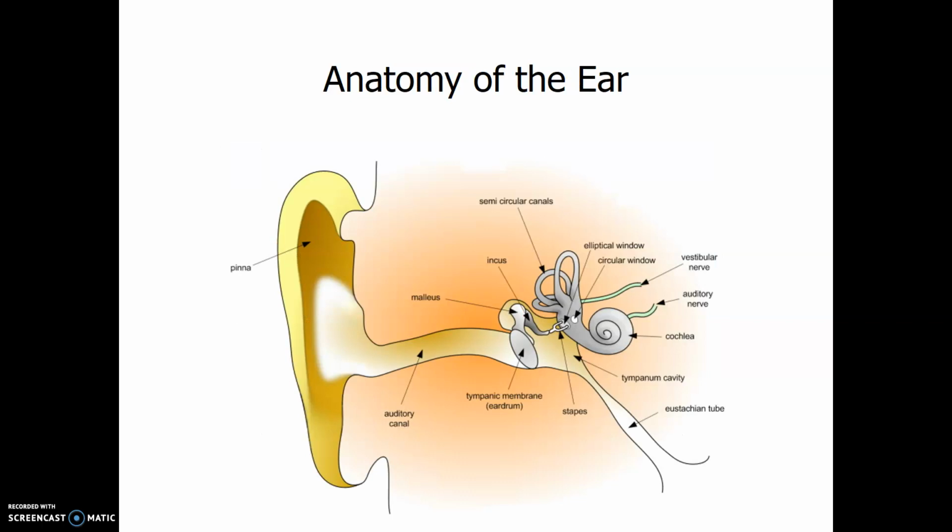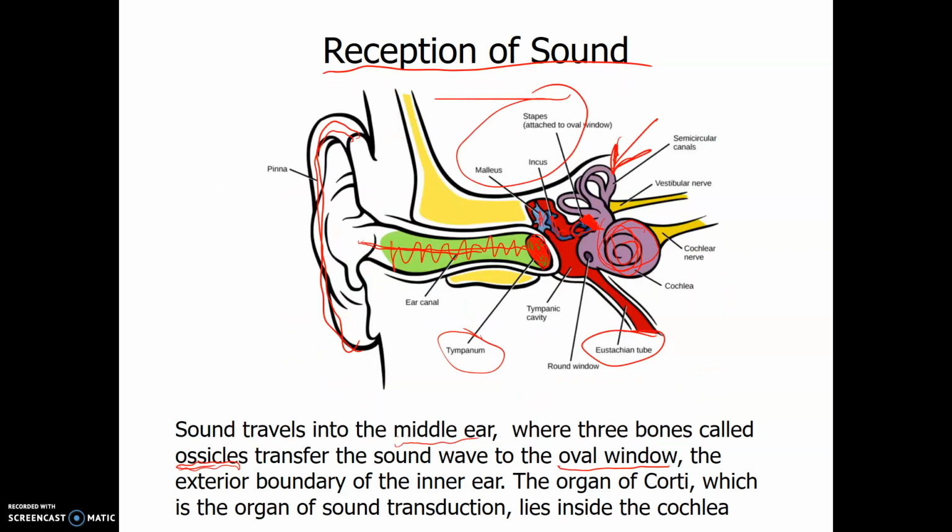Okay, it shows you more about the anatomy of the ear, and I like that they have the auditory nerve labeled there. I know they called it the cochlear nerve. There's a vestibulocochlear nerve, which has two ends: the vestibular end serves the semicircular canals, and the cochlear end is attached to the cochlea.